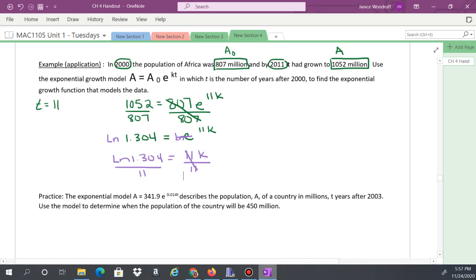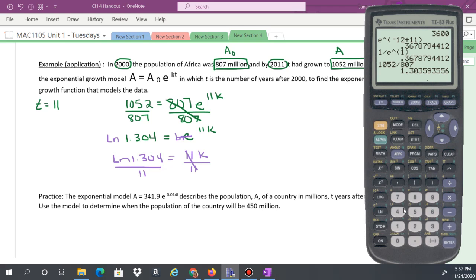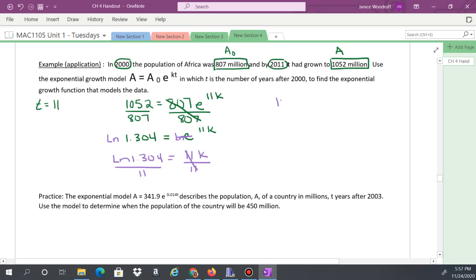So we'll do ln, and I already have this in my calculator, so I want to be as accurate as possible, so I'm not going to round. I'm just going to go ln, second answer, to get this full number here, and then divide that by 11. That's going to give me 0.024 for my K, which means that the population grew at a rate of 2.4%.